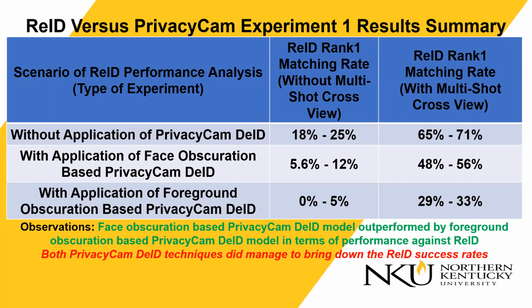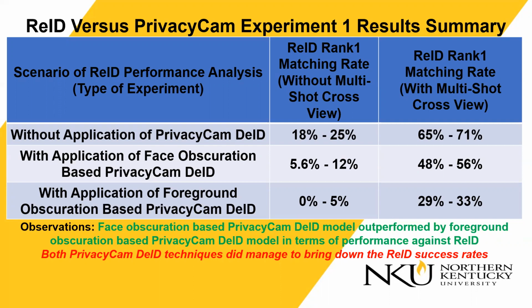So basically, we see that there is a case where the face obscuration Privacy Cam DeID is able to resist the re-identification rate to a certain extent when it's applied in this experiment.